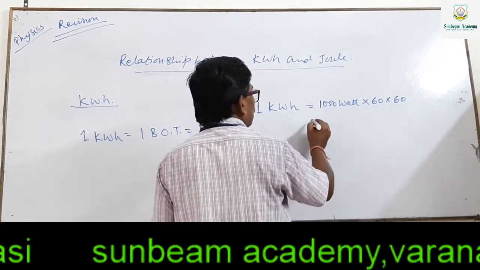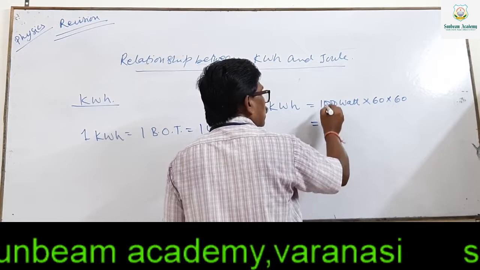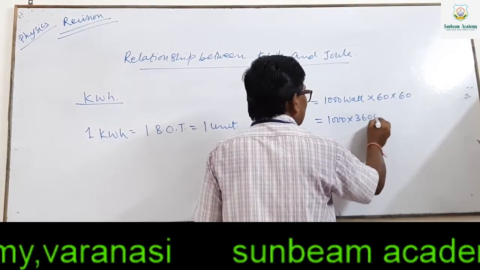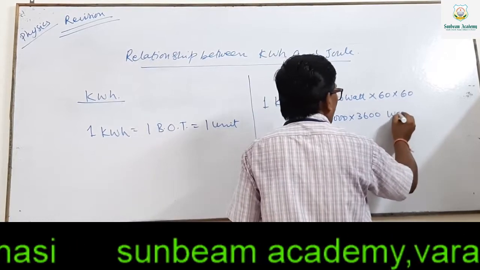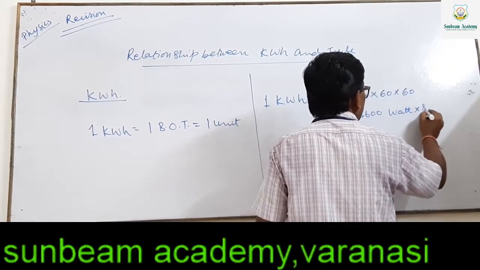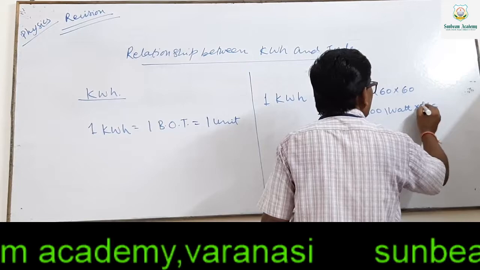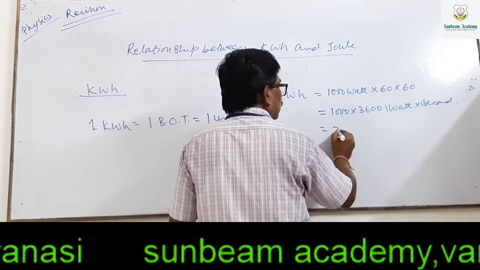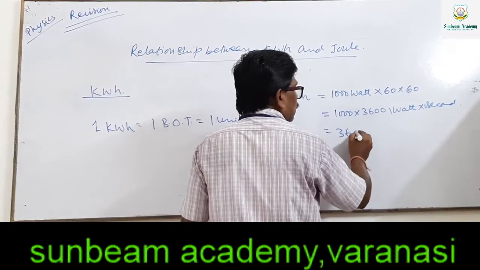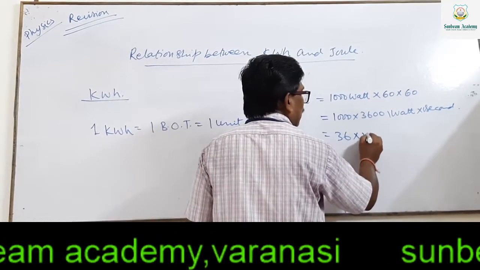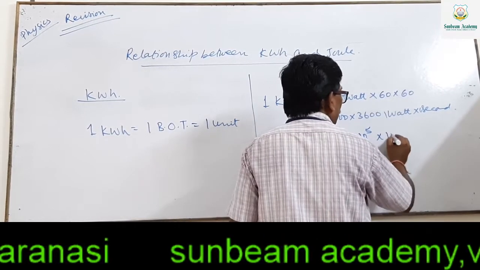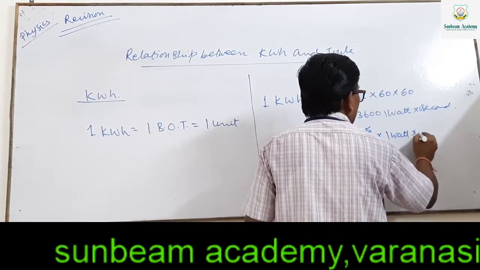So that is equal to 1000 into 3600 watt into 1 second, that is equal to 36 into 10 to the power 5 into 1 watt into 1 second.